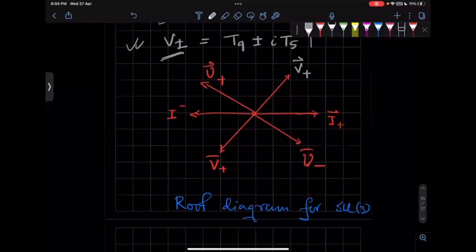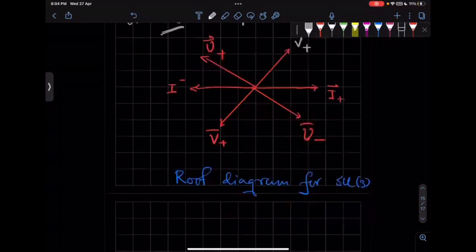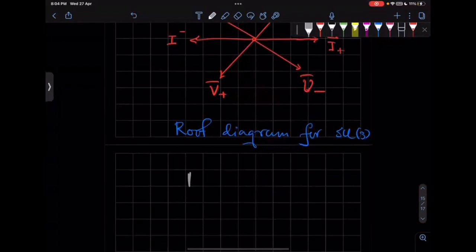Exactly. Yeah, the eigenvalues of lambda 3 and lambda 8. Because every state will have a lambda 8 eigenvalue and a lambda 3 eigenvalue, as well as some Casimir invariant that we are not interested in right now. Okay.